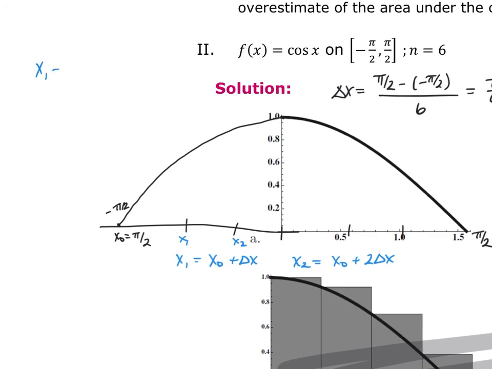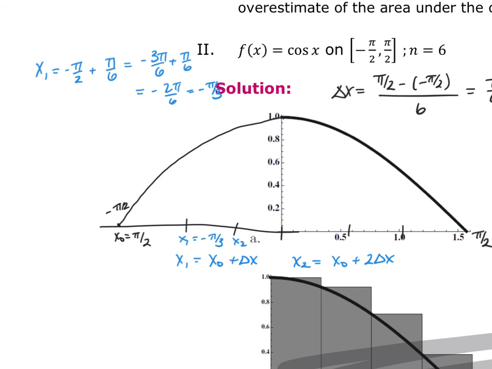Let's do x sub 1, which is negative pi halves plus pi over 6. Using a common denominator, negative 3 pi over 6 plus pi over 6 gives me negative 2 pi over 6, which is negative pi over 3. So x sub 1 is equal to negative pi over 3.